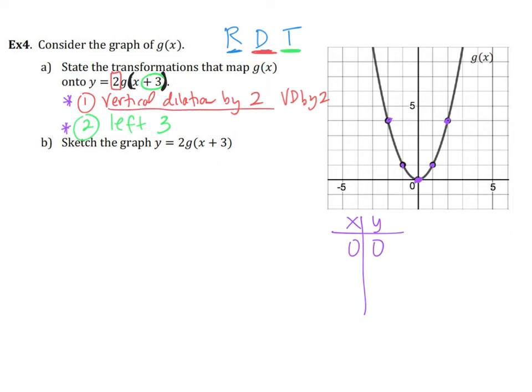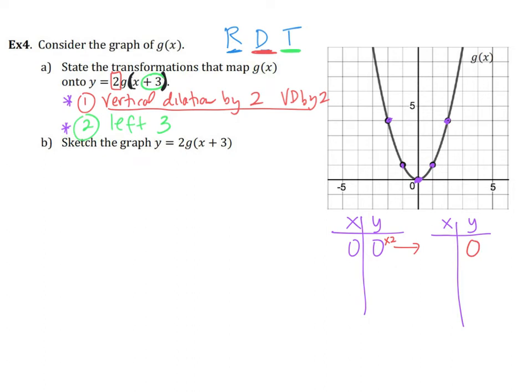So step number 1 is associated with vertical dilation. Remember what we did last time: to get our new point, we would multiply the y value by 2. And of course, 0 times 2 just remains 0.